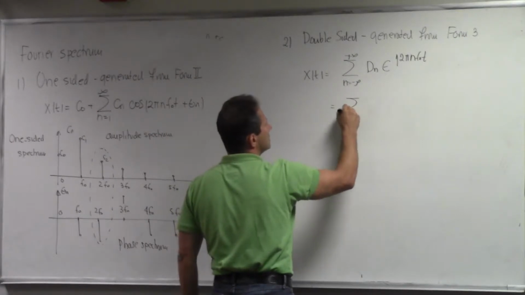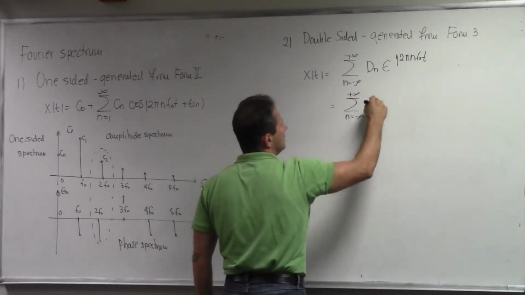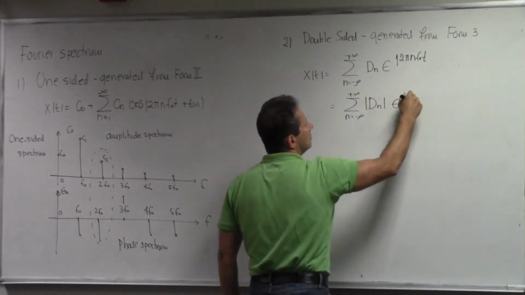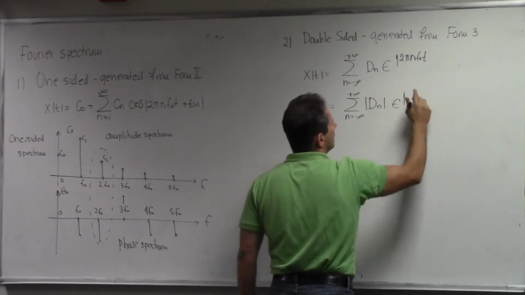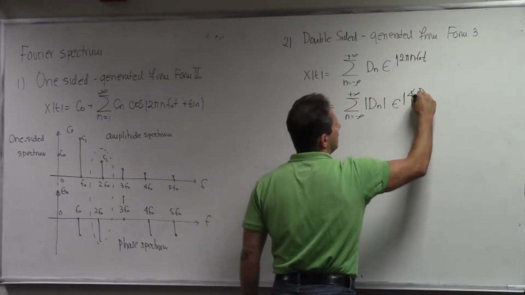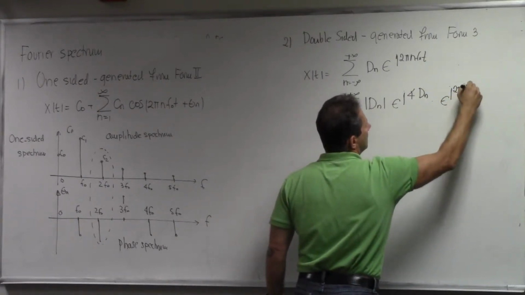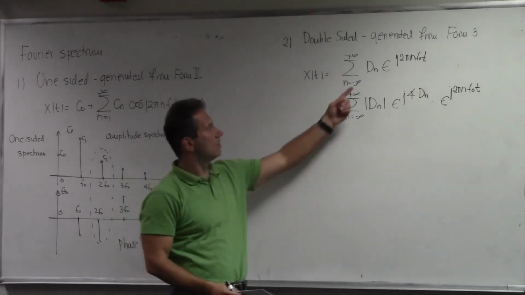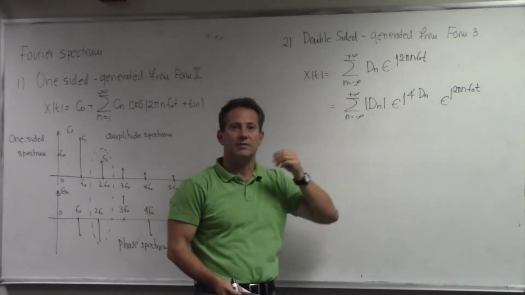And we can write this as the sum, when n goes from minus infinity to plus infinity, of magnitude of dn, e to the j angle of dn, and then e to the j 2 pi n f0 t. Just writing the complex number in its form, the magnitude e to the j phase.